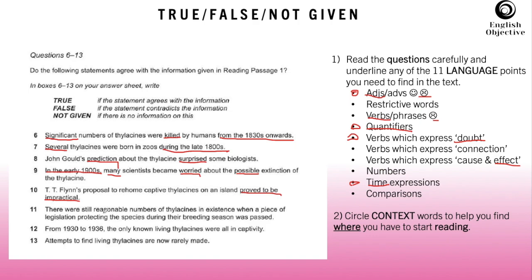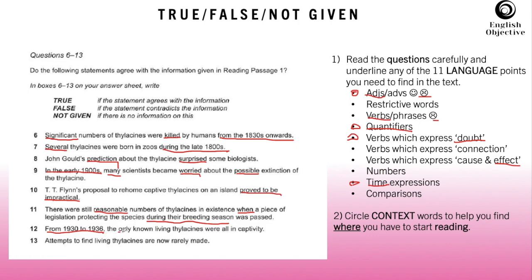There were still reasonable numbers, so adjective, something in existence, when a piece of legislation protecting the species during the breeding season was passed. Okay, so we have time expression from 1930 to 1936, time expression.